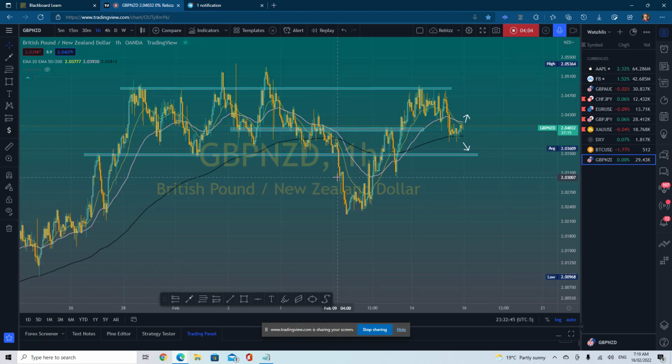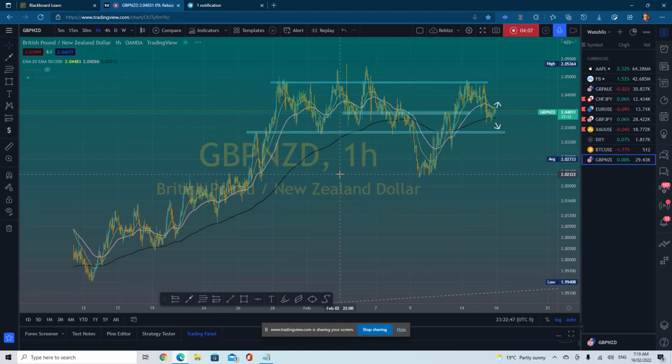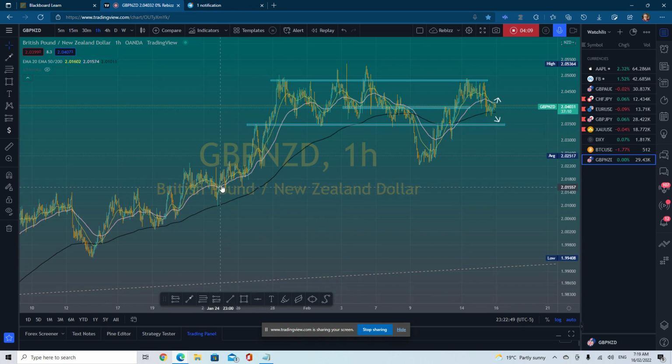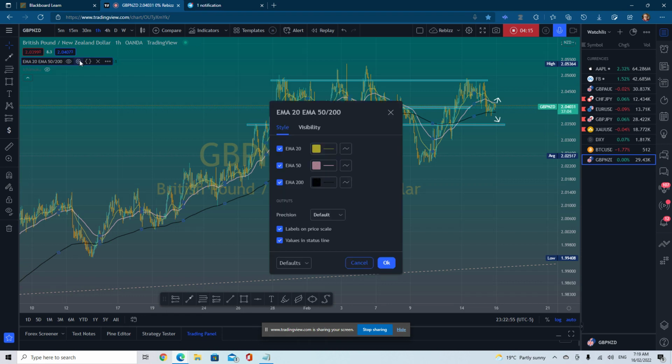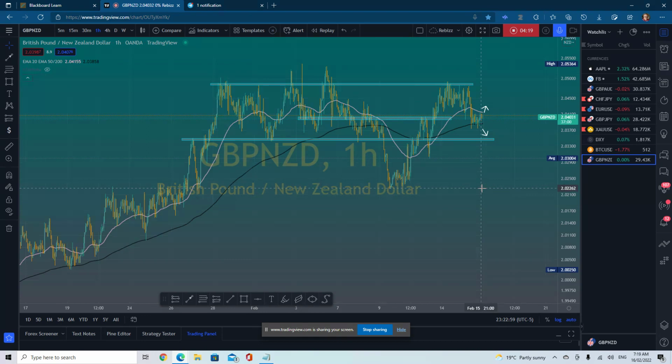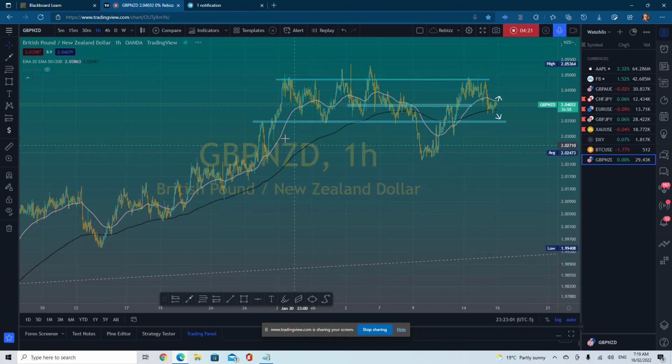The golden cross basically means where the fast moving average crosses the slow moving average. So in this case, let me just take off the 20 EMA and leave the 50 and the 200. The 50 is this one in pink and the 200 is this one in black.